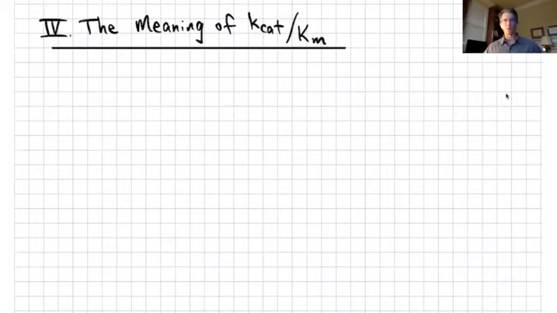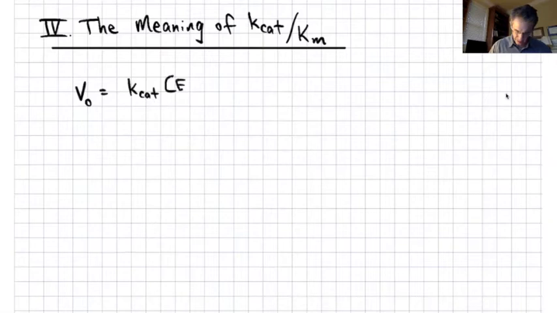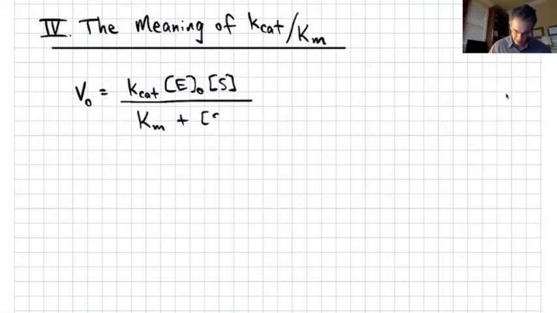So to get into explaining this, consider what happens to the expression for a steady state enzyme initial rate equation at low substrate concentration. So let me just write this out. If we think about the initial rate again, remember that's equal to kcat times the concentration of total enzyme we have times the concentration of substrate divided by Km plus the concentration of substrate.